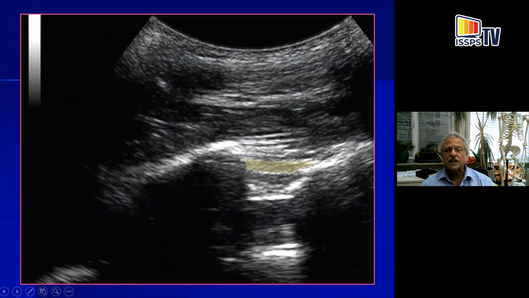If you have heard what I said, that's not possible, because this attaches to the outer side of the lamina. And as seen in the cross section just a few seconds before, it goes to the inner side. That means this part of the ligament is not visible with ultrasound. Again, it is a good landmark to go to the epidural space, you will see.